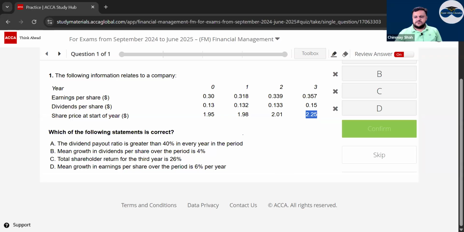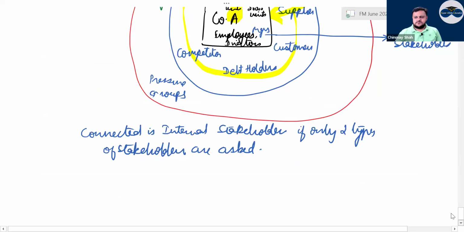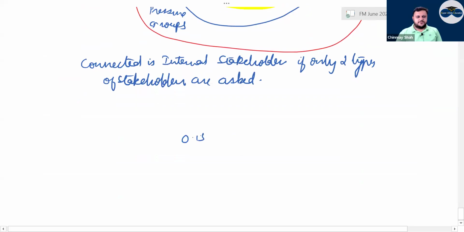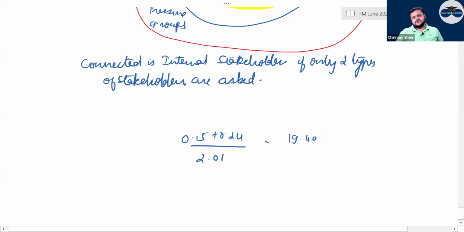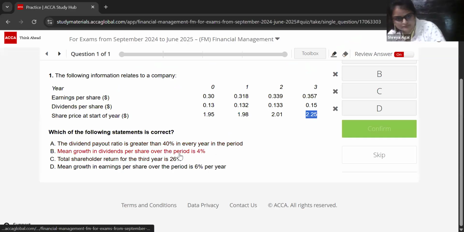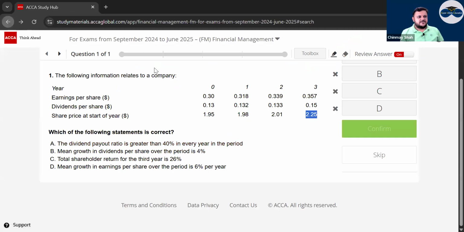So it is 0.15 plus 0.24 divided by 2.01. How much is this? 19.40%. Correct? So is it correct or wrong? Wrong. So it is wrong. Okay.